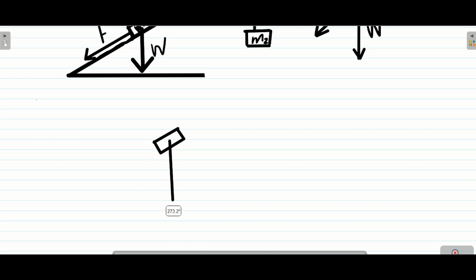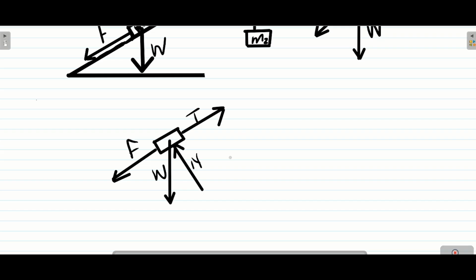So the weight of the mass pulling it down, there's a normal force that's going to be pushing against it, there's going to be frictional force trying to drag it back, and there's going to be an applied tension trying to pull it up. Weight, friction, normal, tension. This is called a force diagram.